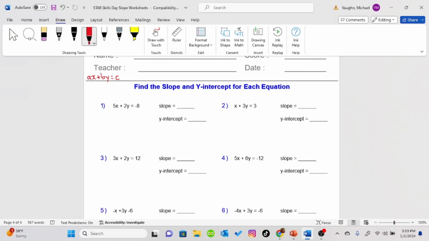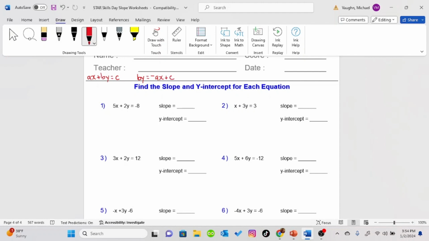Now, if I were to change this from standard form into slope-intercept form, the first thing we would do is subtract this ax from both sides. And that would give us by equals negative ax plus c.